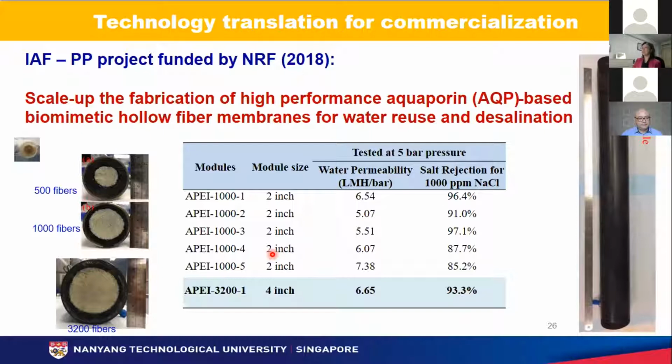And you can see the water permeability is over 6 LMH per bar, and the salt rejection is over 96, the best one, and we have better ones over 96, stabilized. For your information, for current RO commercial membranes for brackish water application, the best water permeability is around 3 LMH per bar with similar salt rejection.